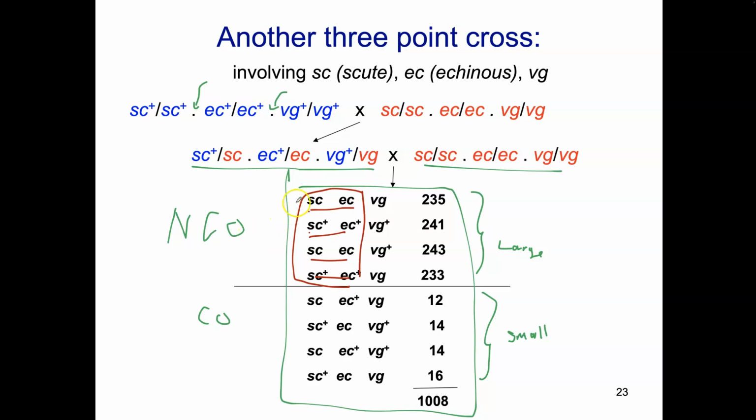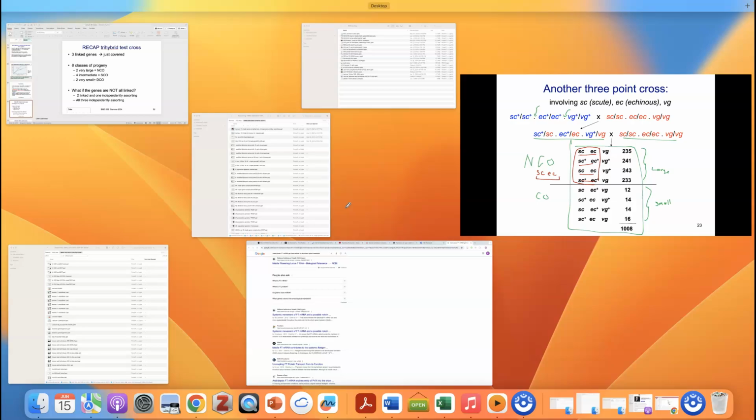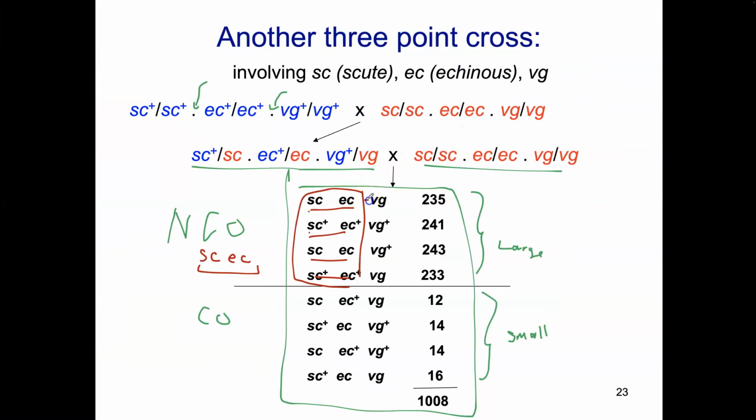So really, for scute and echinus, those are the only 2 categories we're seeing. And so those must be the genes that are linked. But scute and echinus mutant are sometimes associated with the mutant for vestigial and are sometimes associated with the wild type for vestigial, and we see those equally likely.